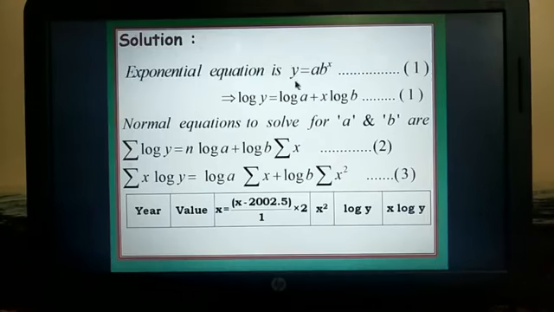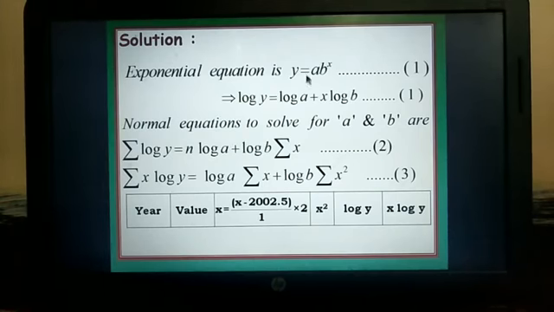When we apply logarithm to both sides, log y becomes log a plus x log b. In the previous video I have already explained how to obtain this logarithmic equation.